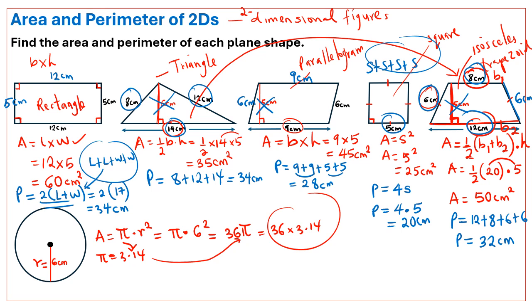But then when we get to a circle, the shape here is a circle. And for the perimeter of a circle, instead of saying the perimeter, we would say the circumference.